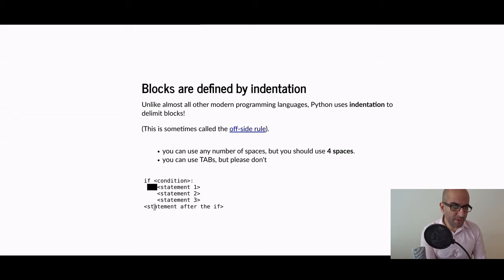And actually, from the point of view of the language, you can use as many spaces as you wish. You can even use tabs, but please don't do any of those things. Please just use 4 spaces, because that's not a feature of the language per se, but a convention in the community.